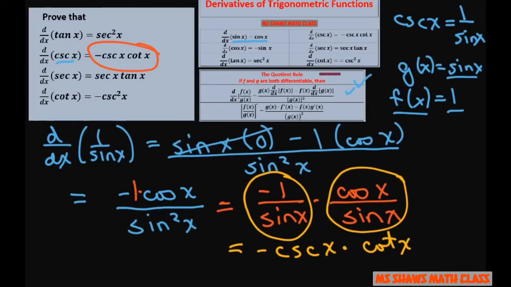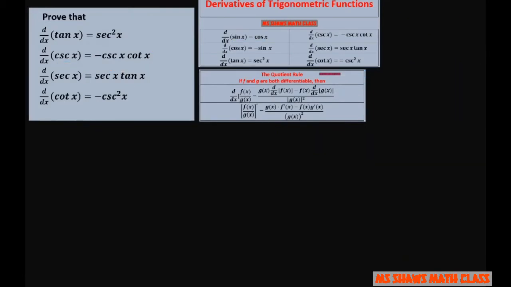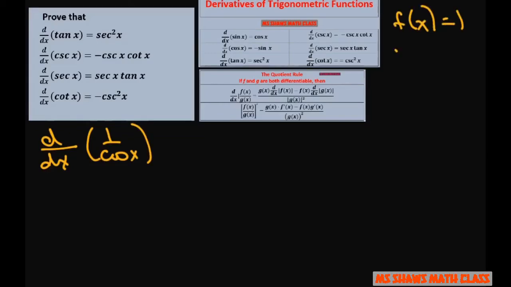All right, and we do the same thing for the next one. We're going to write this as the derivative with respect to x of 1 over cosine of x. So I'm going to let my f of x equal 1 and my g of x equal cosine of x. So write this out.